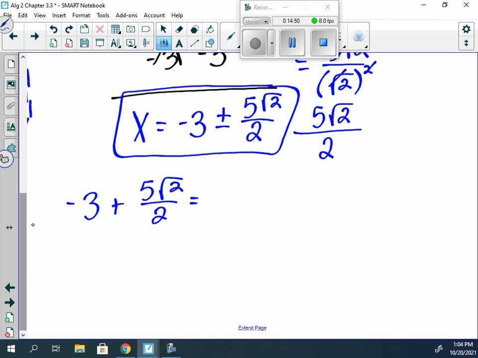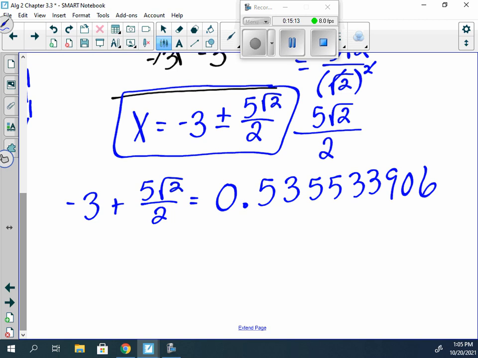Now the graphing calculator, if you type this in, it's just going to give you the decimal approximation. The TI30XS, as long as the number is not too big, it will give you the radical form as one whole. But all I need to do is convert it over to a decimal, 0.535533906 is the decimal approximation of this answer here.